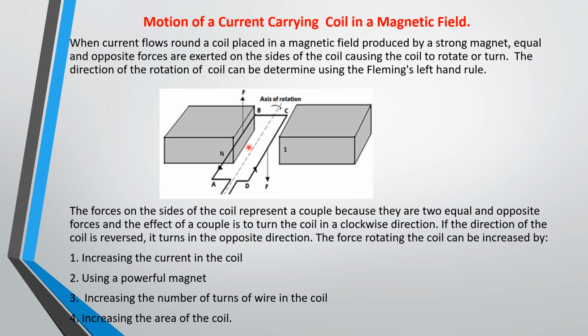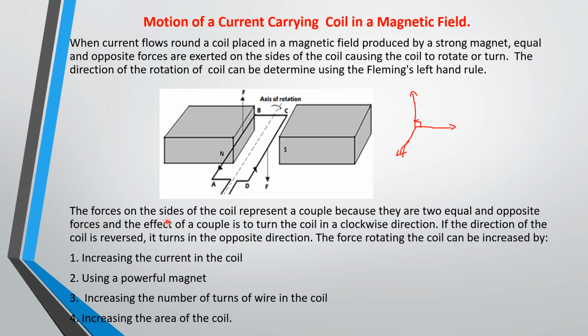So if you have your current and you have your force, this is your thumb, this is the magnetic field, and then this is your current. So we can look at this picture and then know the direction of the rotation of this coil.